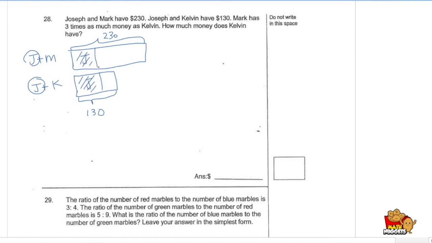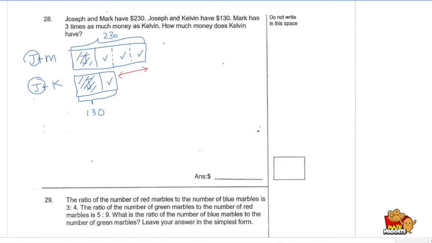So if this is Joseph, the one at the back here would be Mark, and the one at the back here would be Kelvin. So they tell us that Mark has 3 times as much money as Kelvin, which means this is 1U, 1U, 1U, 3 units, and Kelvin over here is 1 unit. So model is done. What can we do?